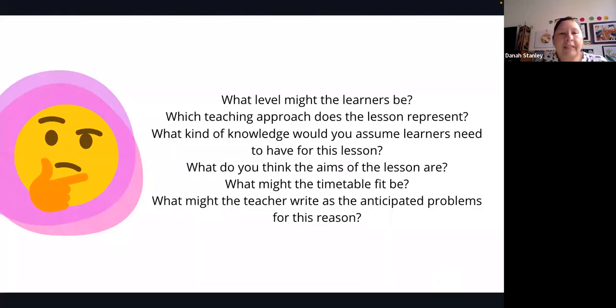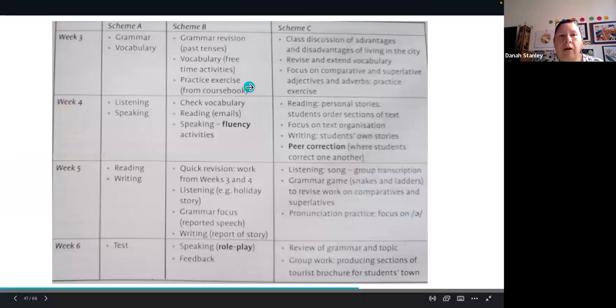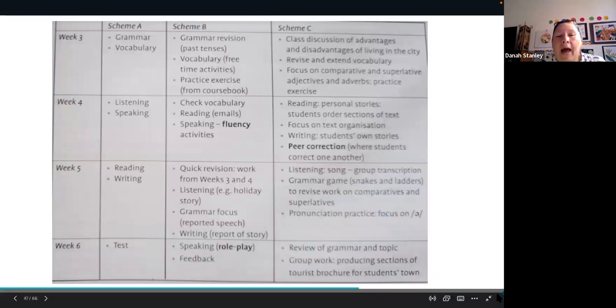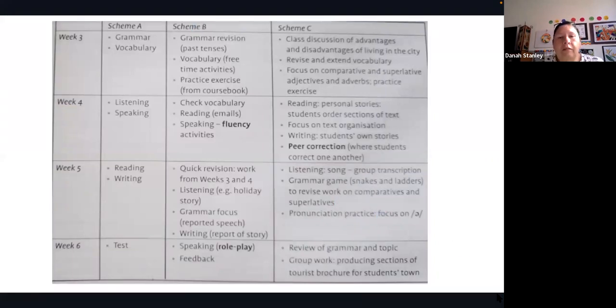For example, in this case, what level might the learners be? A ver, observe. Are they basic, intermediate, advanced?